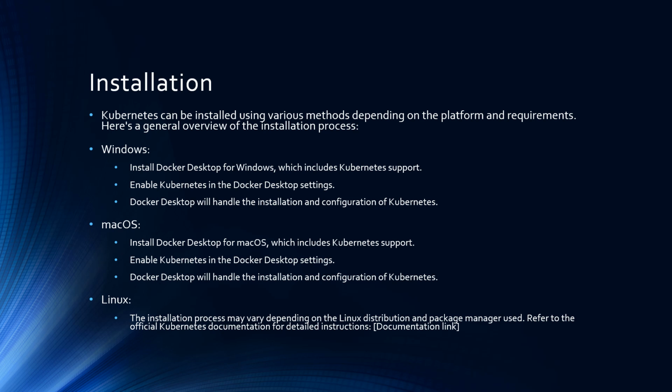Remember, regardless of your platform choice, the end result is the same: a functioning Kubernetes environment where you can begin deploying and managing containerized applications. The key is choosing the installation method that best suits your needs and comfort level with system administration.